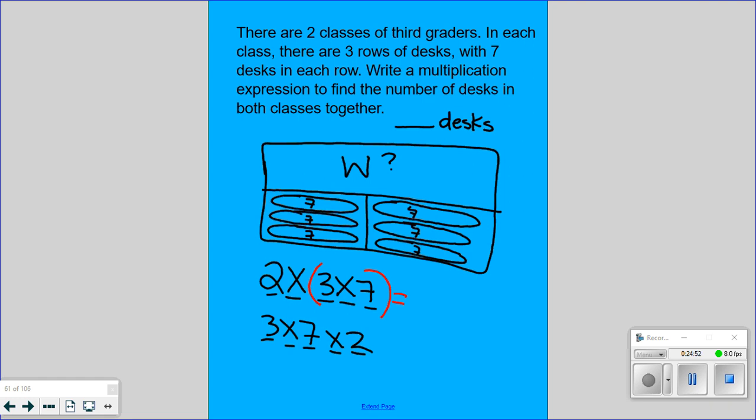Remember, use 2 times 7 plus another 7. It says 7. 3 groups of 7, yeah.